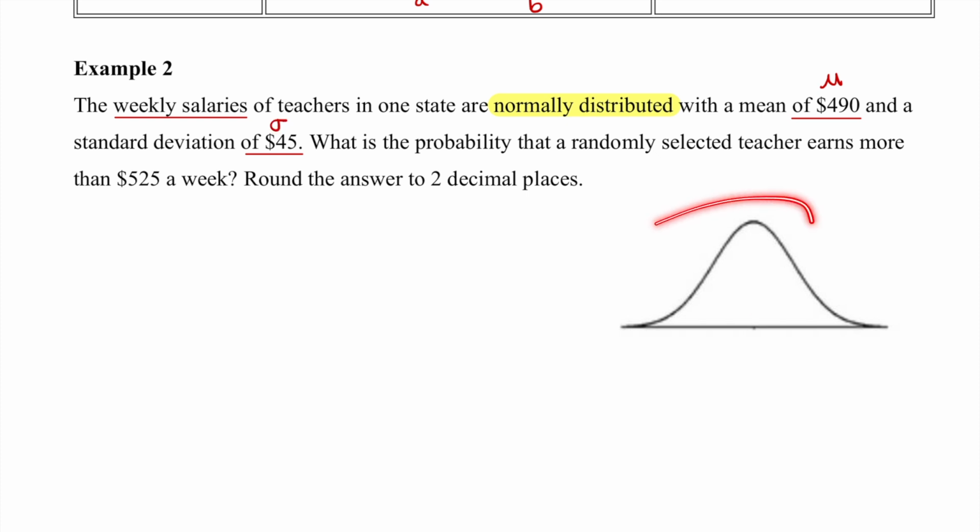This is our graph. Because it's a normal distribution, that's why our graph looks like this. The mean is right here, 490.